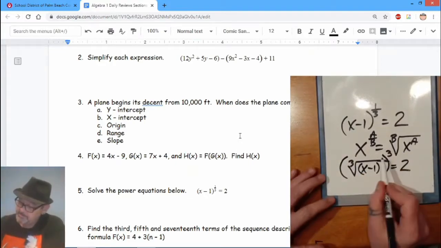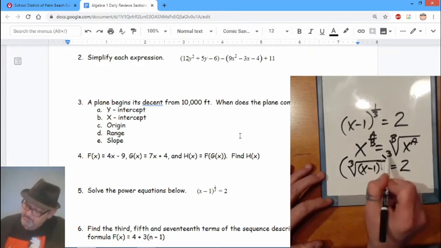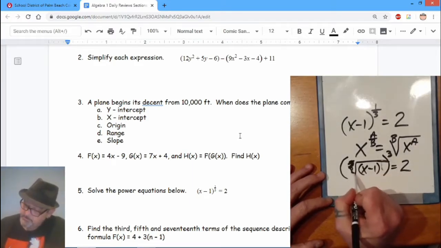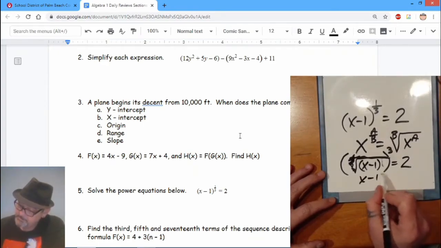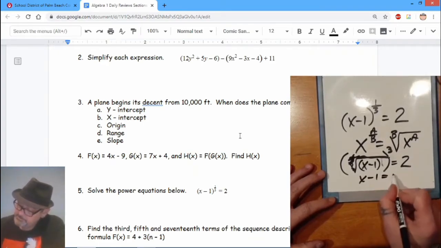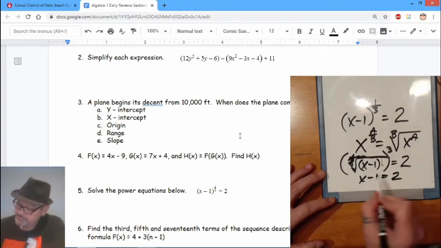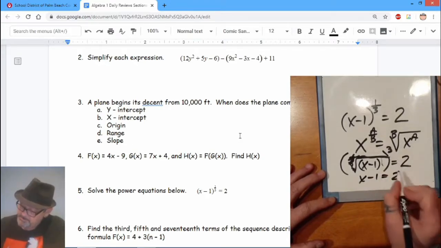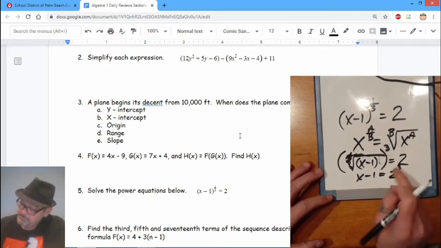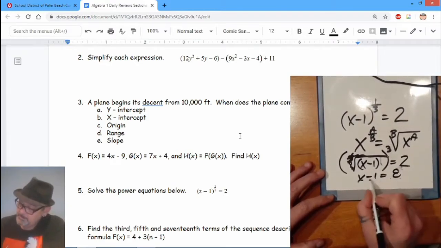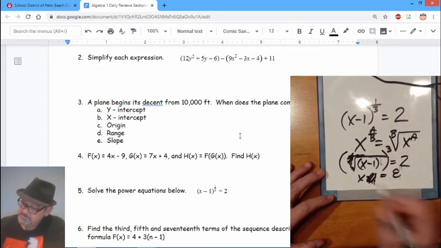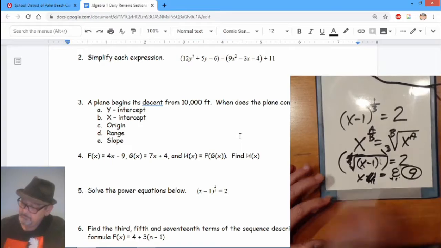And all that does is this 3rd power cancels out this cubed root and just leaves me with x minus 1 equals 2, but golden rule of algebra, 2 also has to be raised to the third power. 2 to the third power is 8. Add 1 here to get x by itself, add 1 here, and I get x equals 9.